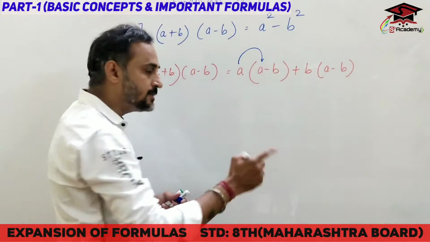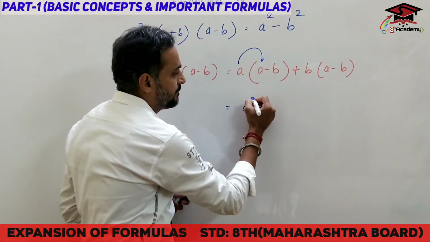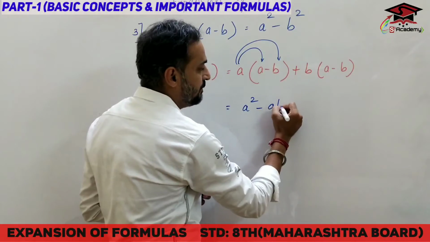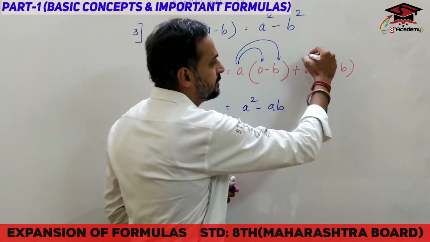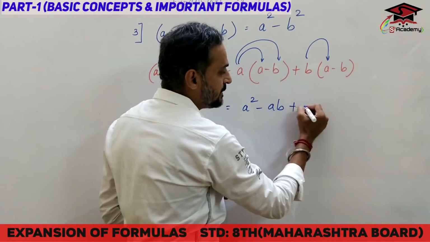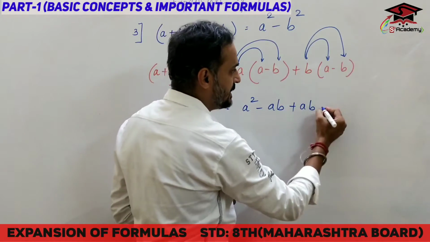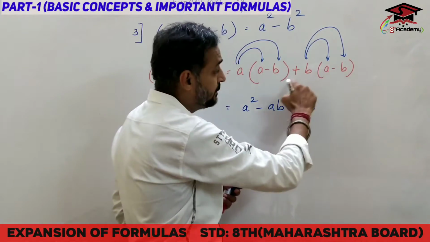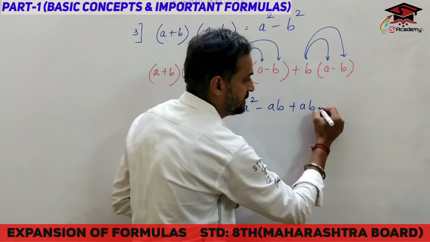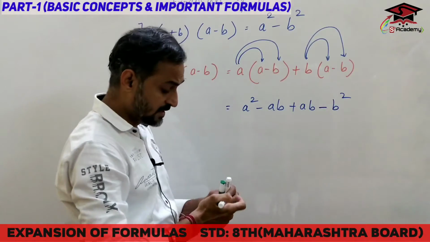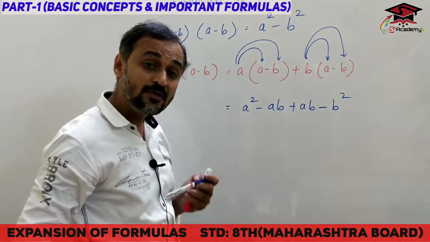So a into a is a square. Yes students. Minus ab plus ab. Let me consider it as the minus given over here. Plus into minus is minus. Yes. B into b is b square. Yes students, what do we see over here?